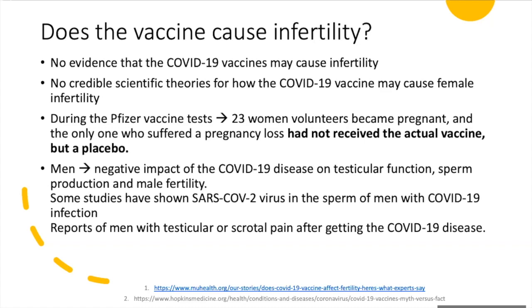There have also been reports of men with testicular or scrotal pain after getting COVID. So it's not the vaccine that can cause male reproductive problems, but actually COVID itself. Okay, questions on fertility? No questions.